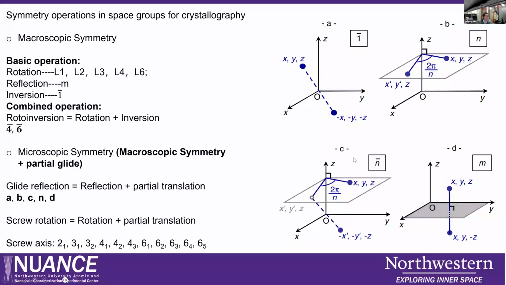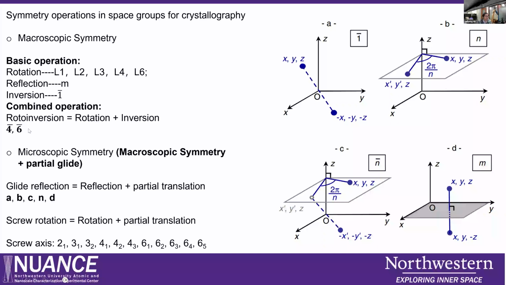First, x, y, z. You apply rotation, and it goes to x prime, y prime, z. Then it does an inversion, and you get minus x prime, minus y prime, minus z. So we call this an n-fold roto-inversion axis.